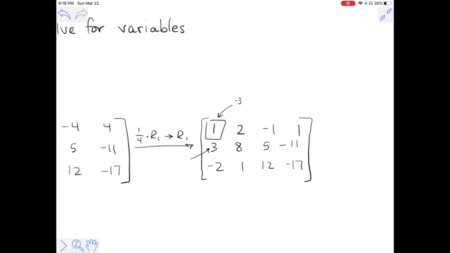If I multiply that by -3, so -3 times row 1, and then added that to row 2, which is this number here. So -3 times row 1 would make that a -3, and then if I add that to row 2, that's going to make a 0, and I want that 0 to go into row 2.